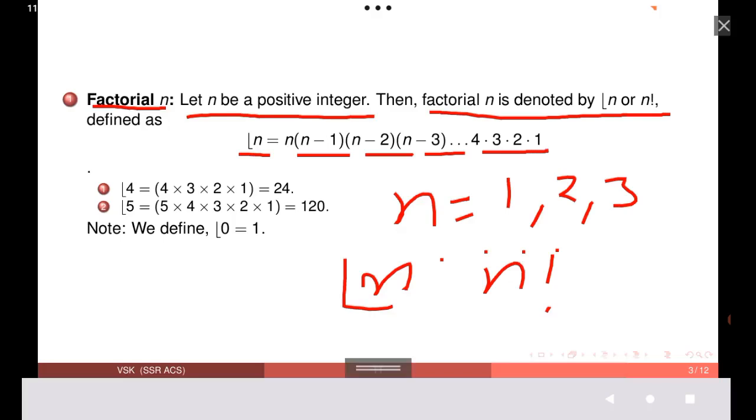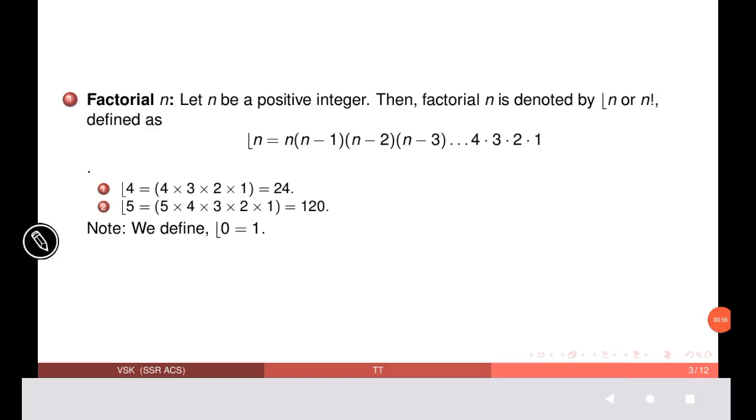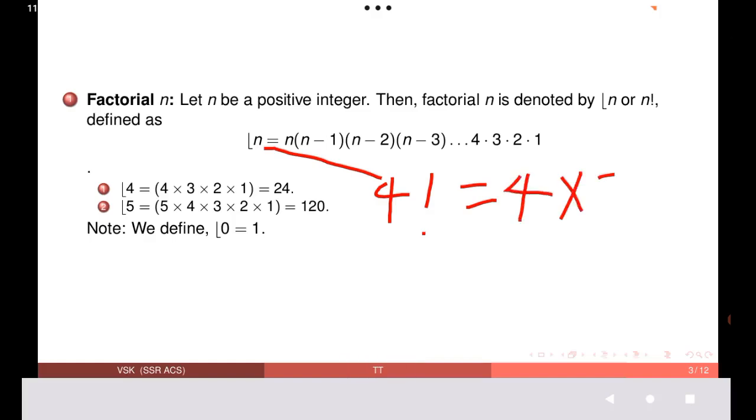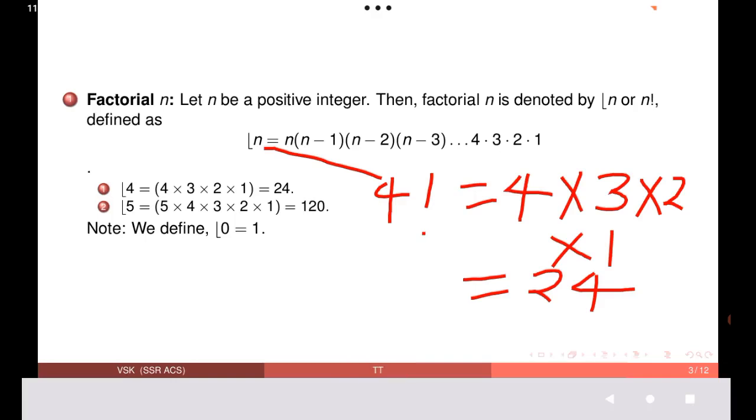For example, to understand this, what is factorial 4? Here n is equal to 4. So first is 4, then 1 less, that is 3, then 2, then 1. So this is factorial 4, which is given over here.